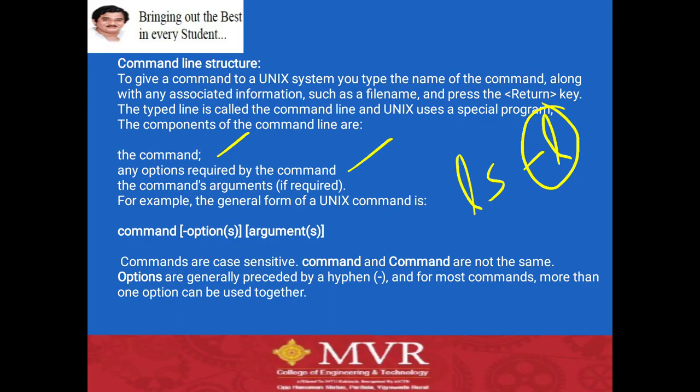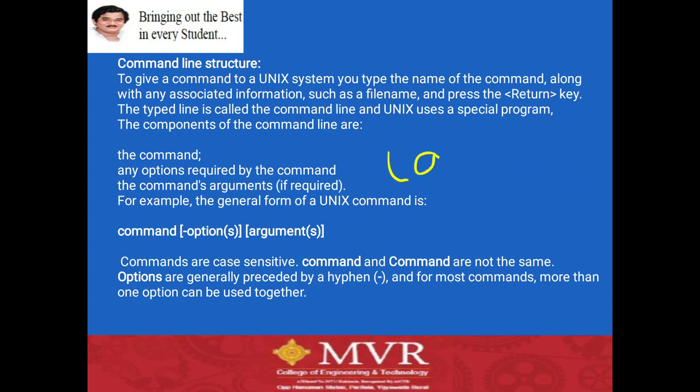And then the last thing is the arguments. Suppose there are some commands like the cat command. Simply cat is a command, we all know that, but without anything after this cat command, it won't work. What do you know about the cat command? The cat command is used either to create files or to display the contents of files, so it is useful for 2 things.